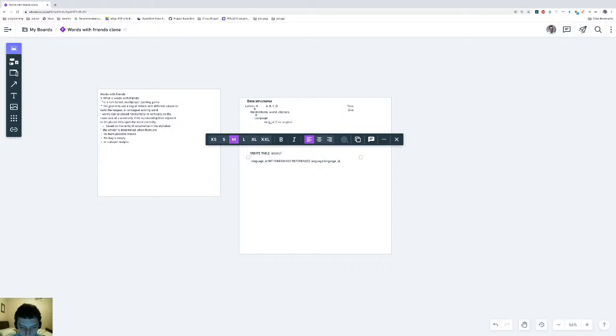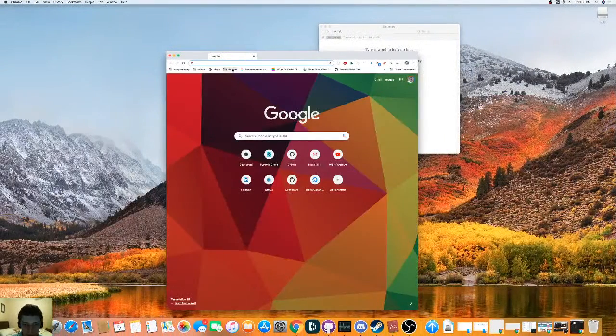First I'm going to say letter ID int. What is the T-SQL for auto increment? Okay, I'm going to go ahead and look that up.